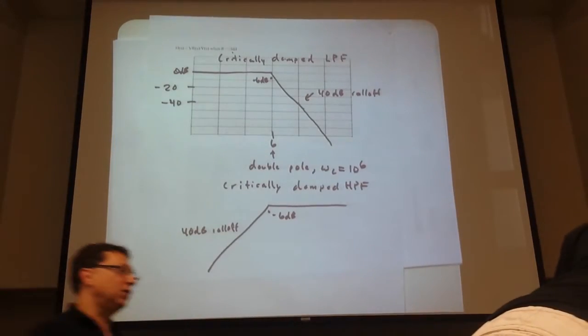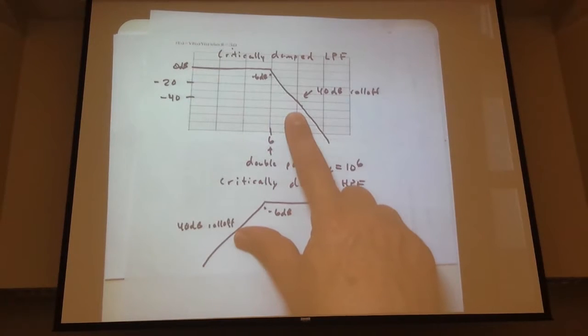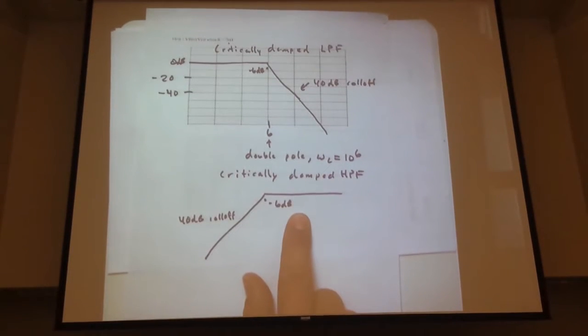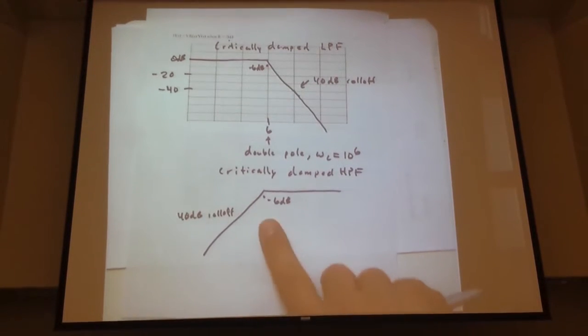Again, we talked about voltage across the capacitor and voltage across the inductor, voltage across the cap being the low pass filter, voltage across the inductor being the high pass filter. They're both kind of symmetric versions of each other. So the cutoff frequency is a minus 6 dB point. We have 40 dB roll off.